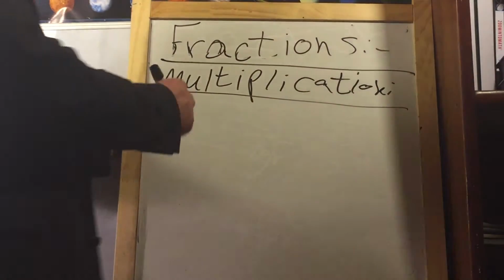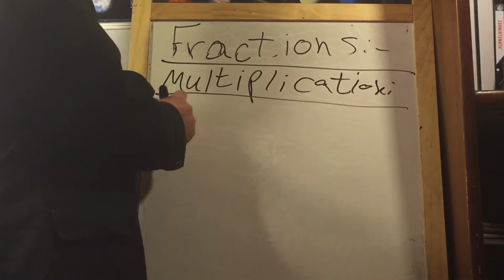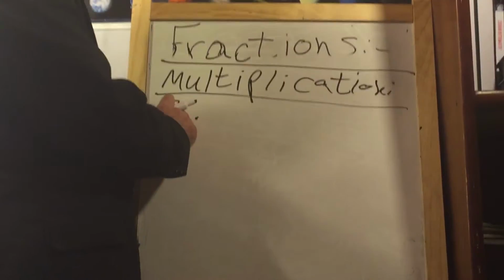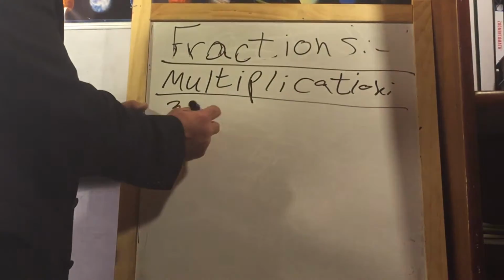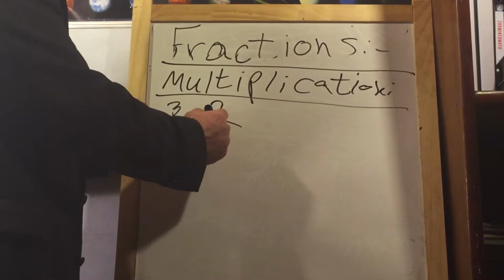If we have 3 over, let's say, 4 times, remember this times is the symbol of multiplication, times 2 over 6.